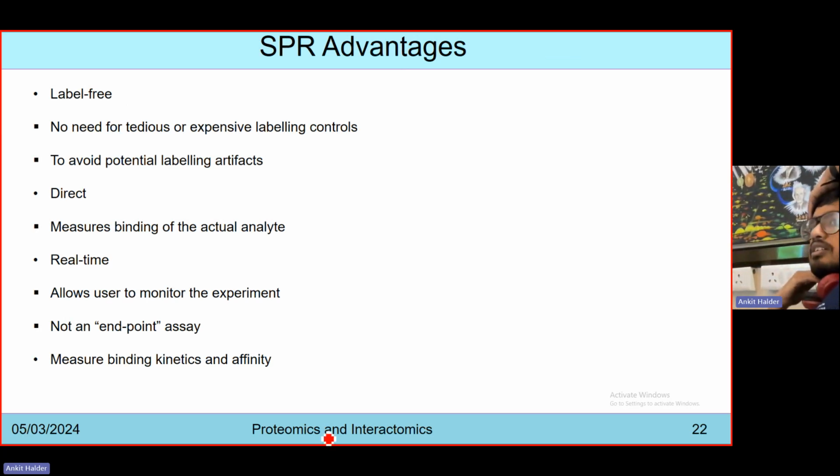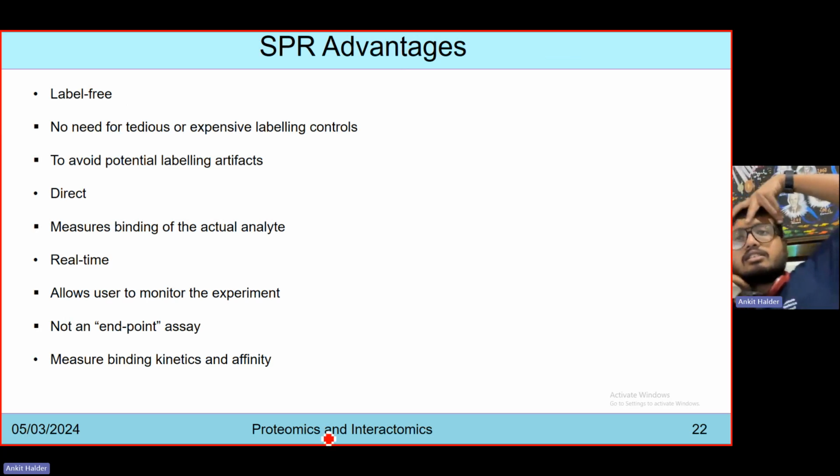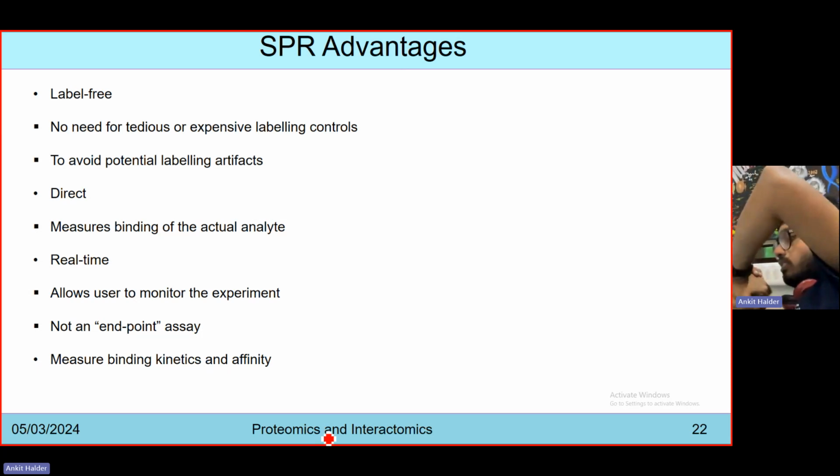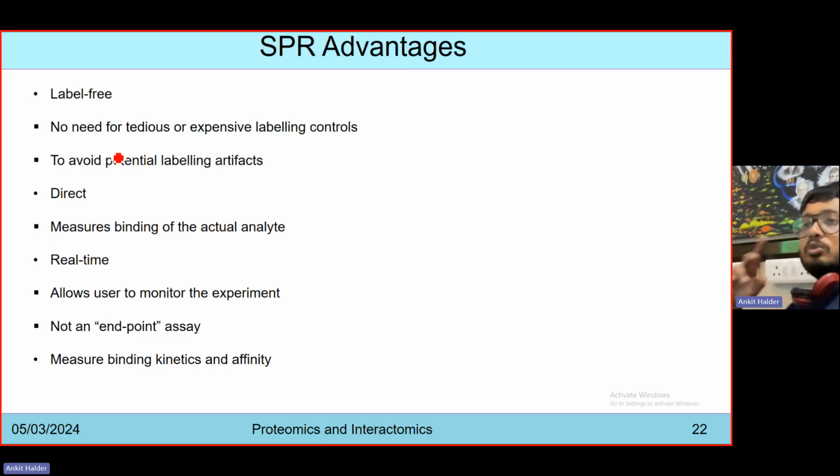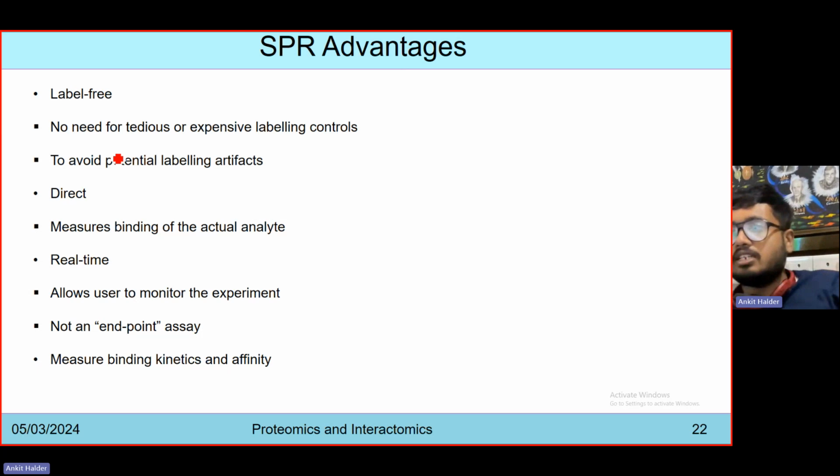So what are the advantages of SPR? Compared to the label based techniques or other techniques that we look upon, it is label free, with no need for tedious or expensive labeling controls.